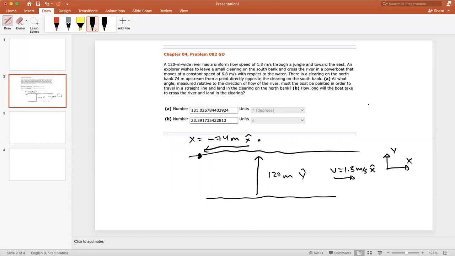And his boat, relative to the river, can do 6.8 meters per second. So you might think that you could just point the boat there. Sorry, that's a really bad drawing. You might think that you can just point the boat at this point, figure out what this angle is, and figure out what this radial vector is, and you've got it solved, right?